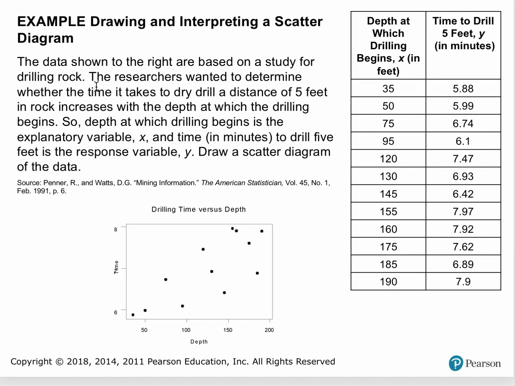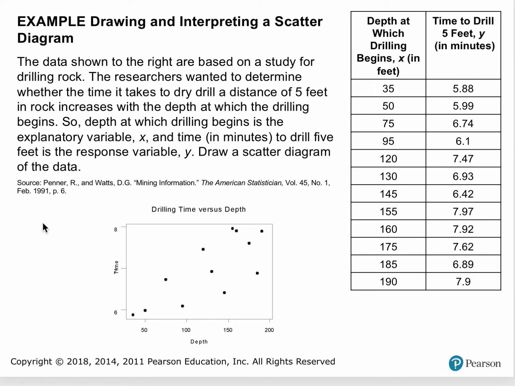Okay, so here's an example. The data shown to the right are based on a study for drilling rock. The researchers wanted to determine whether the time it takes to dry drill a distance of 5 feet in rock increases with the depth at which the drilling begins. In other words, how deep you go before you get to the rock, right?